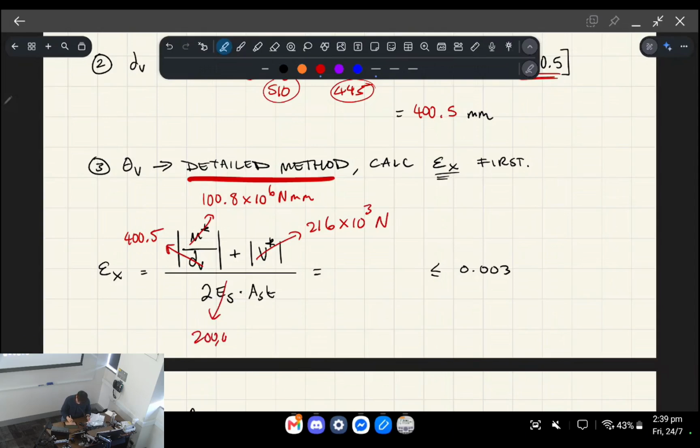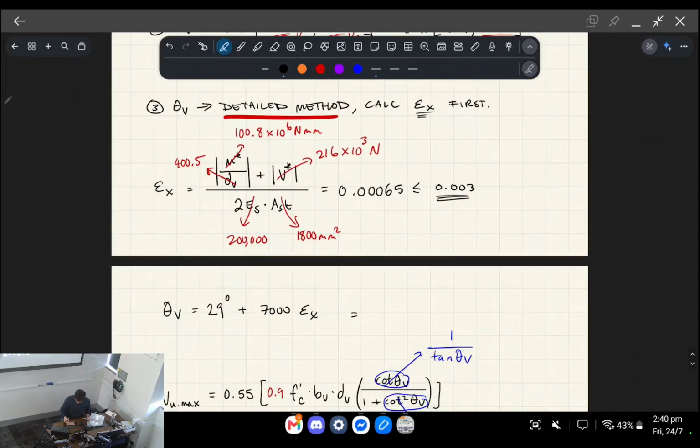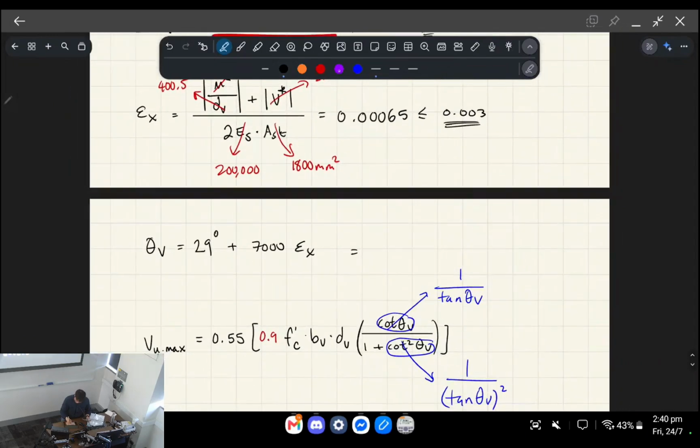Es is going to be 200,000 MPa. Ast was given to us in the question. And then this gives us a value of 0.00065, and it's less than 0.003. Then what we do is plug the value into this formula.